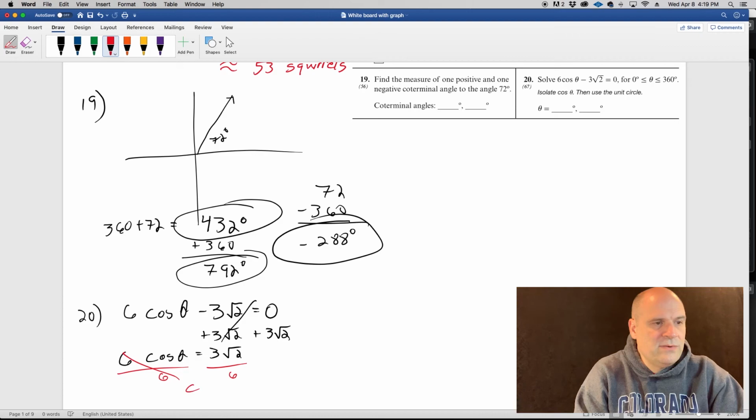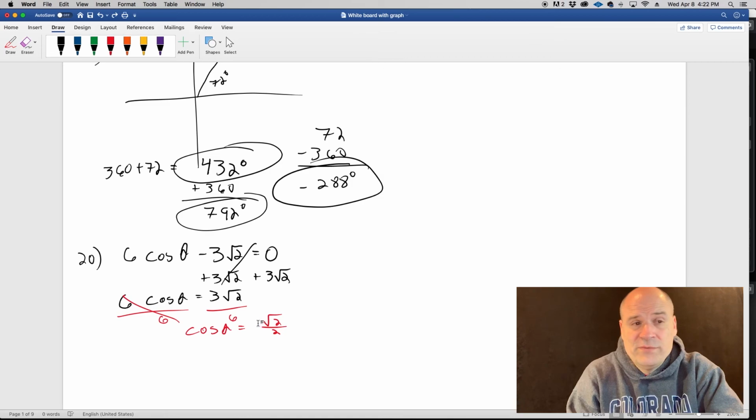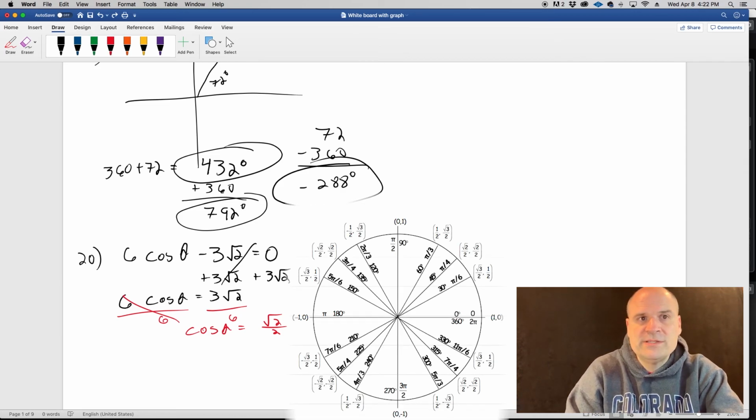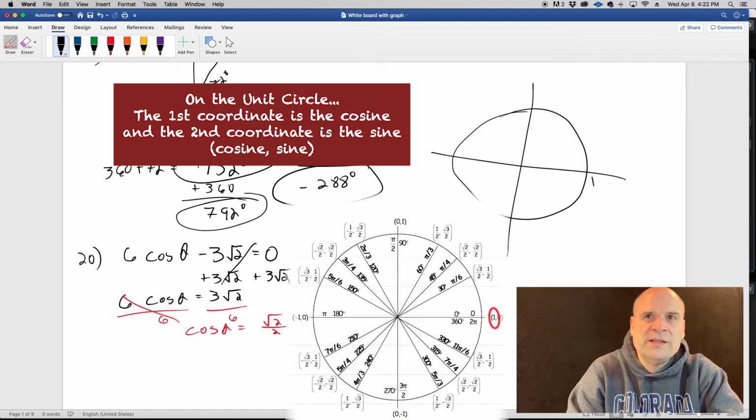Okay, so we get cosine of theta equals radical 2 over 2 because this reduces to 1/2. Well, this should look familiar, right? This is radical 2 over 2. Where is cosine of theta radical 2 over 2? So look at your unit circle. Cosine is 1 here.